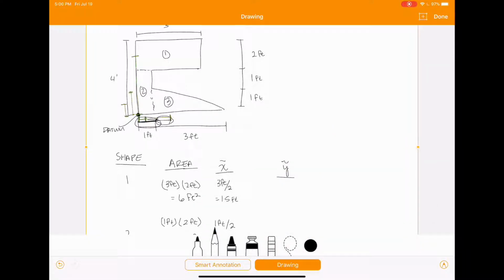So, shape 1, we're going to have that total of 4 feet minus half of 2 feet. So again, it's going to be this whole 4 feet minus this half of this 2 feet right here is going to give us the rest of that distance there.